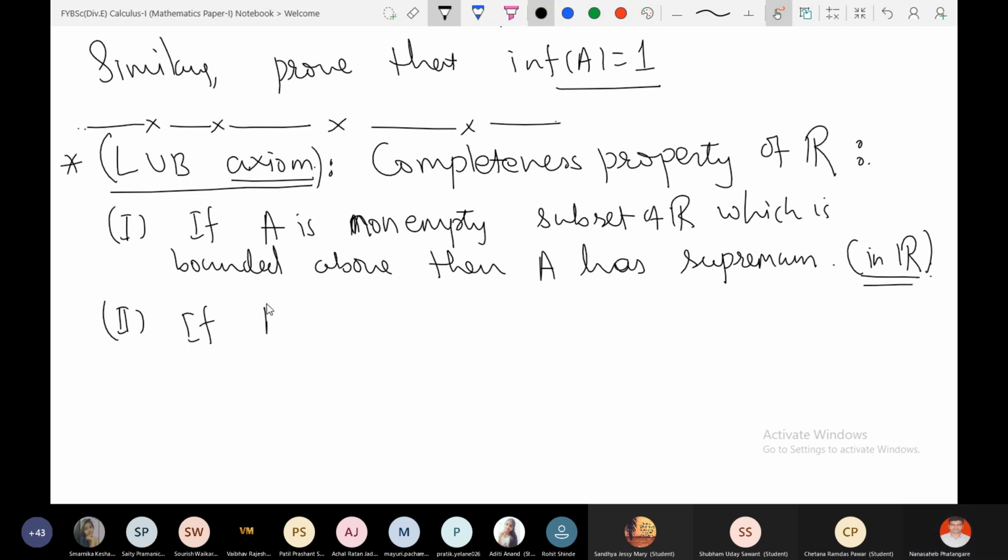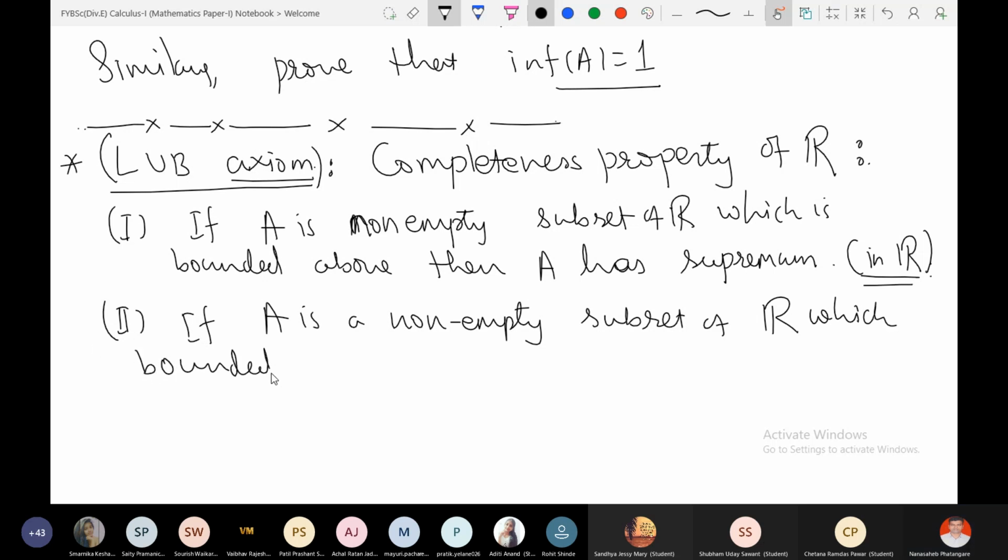If A is a non-empty subset of R which is bounded below, then A has an infimum.